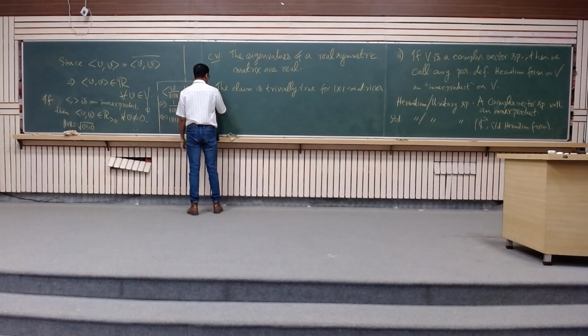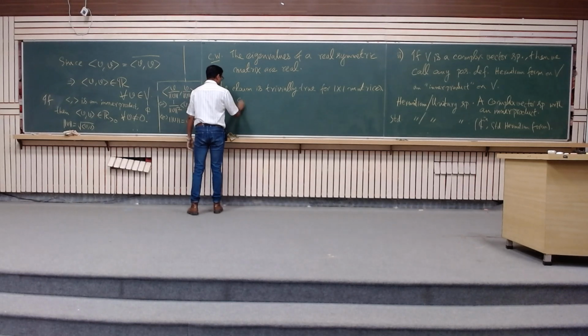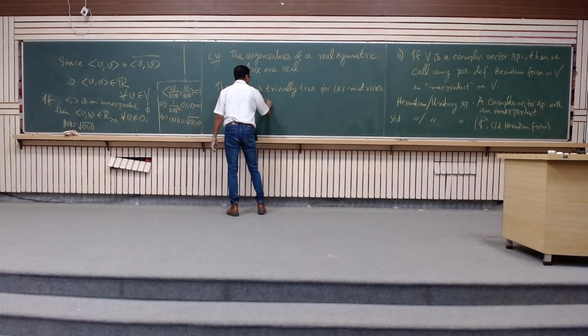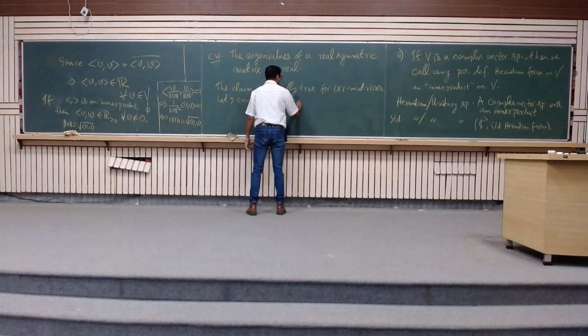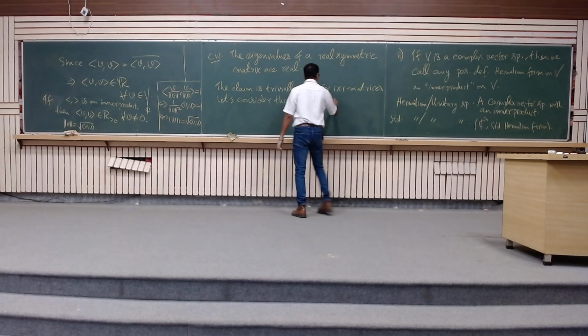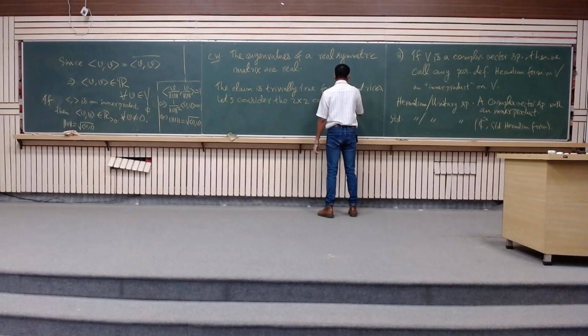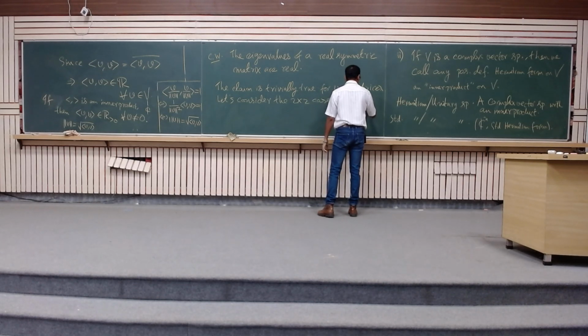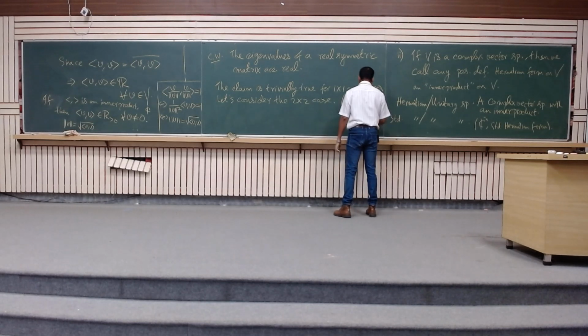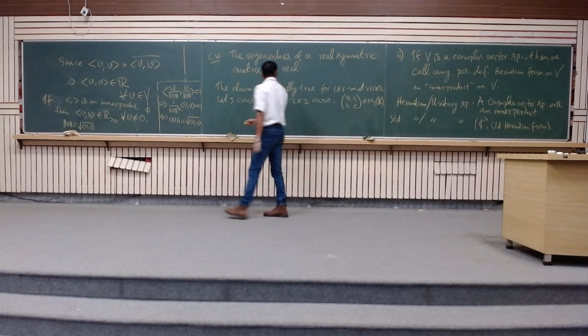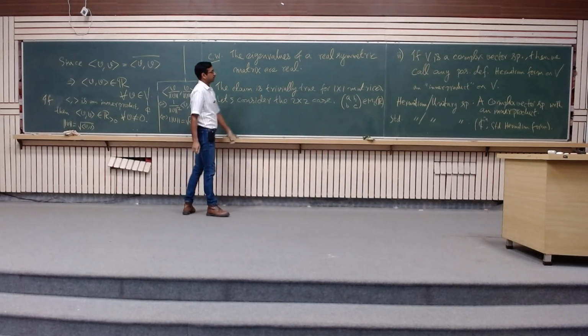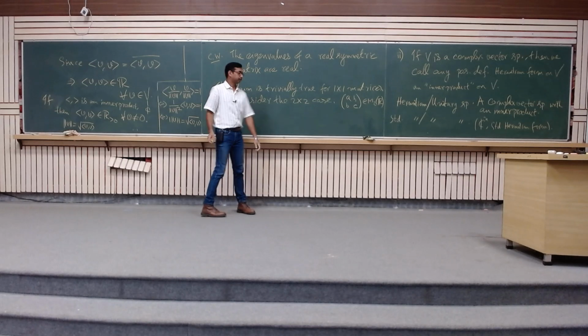Now let's consider the 2 cross 2 case. Suppose we have this matrix with entries a, b, b, c in M2(R). And let's check its eigenvalues.